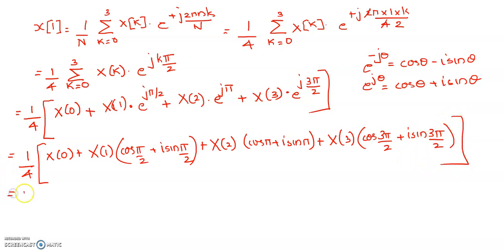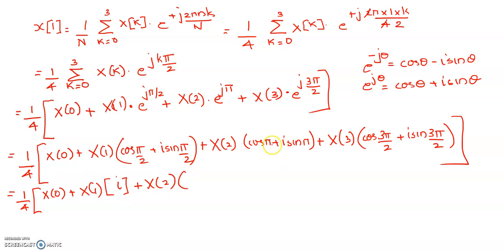So when we solve this particular thing, moving ahead, we can see that this becomes x of 0. Now x of 1 will be there. Cos pi by 2 is 0 and sin pi by 2 is 1, so this becomes j, plus x of 2.